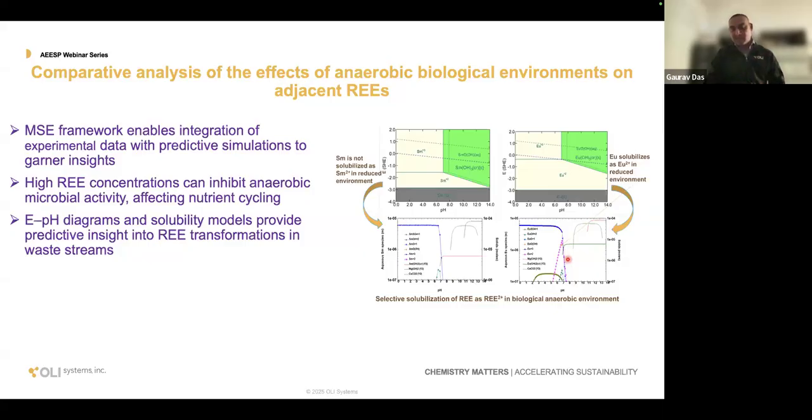This data has been utilized for understanding the functioning of the microbial system, which indeed shows that in the presence of europium beyond 60 micromolar concentration, microbial functioning is affected. And this insight has been gained through Eh-pH and solubility stability diagrams, which provide insight on rare earth transformation, especially for europium, between the 3+ oxidation state and the 2+ oxidation state.